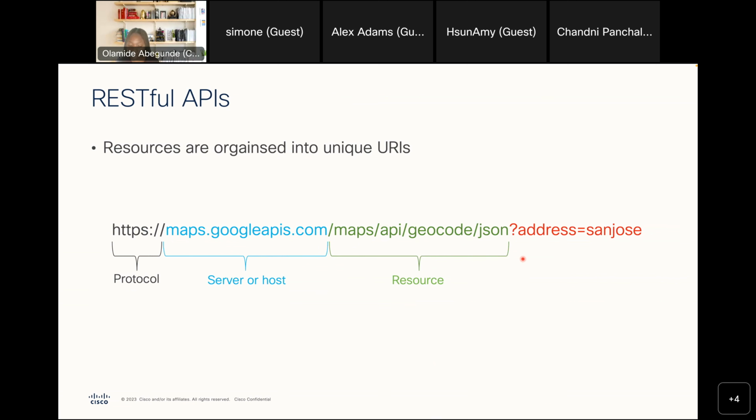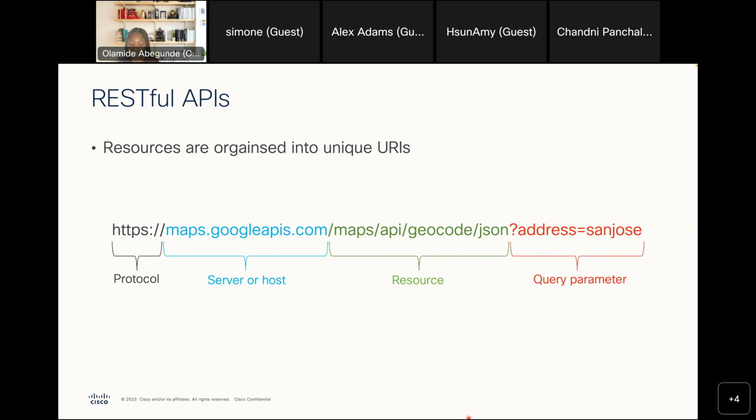Now, the next part of this URI is usually optional, and it's known as the query parameter. And it just helps us filter the results. So here we know that we want the geocode JSON data, and we want the one for San Jose. So putting everything together, you can tell what this API request asks for. It just asks for the geocode San Jose, and it wants the answer to be in a JSON format.